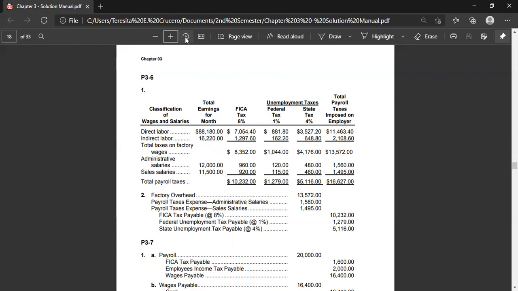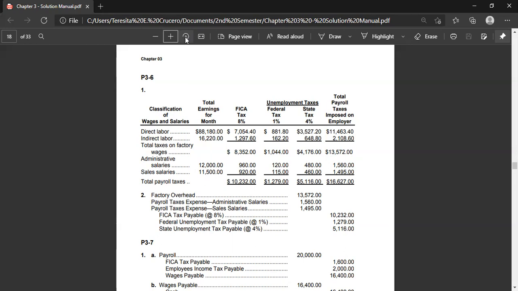Now, for entry for requirement number 2, assuming that the employer payroll taxes on factory wages are treated as factory overhead, the taxes covering administrative salaries are an administrative expense, and the taxes covering sales salaries are a selling expense.